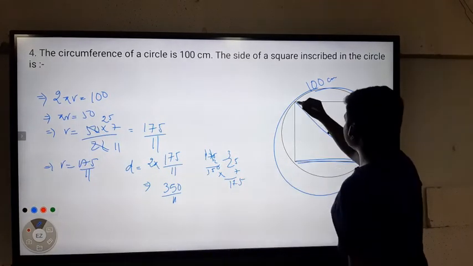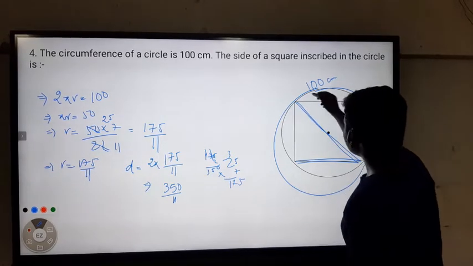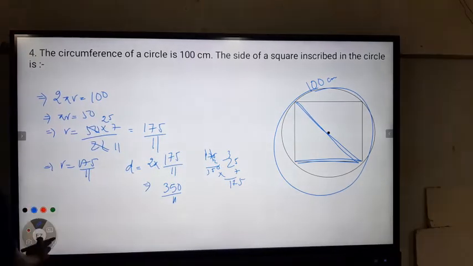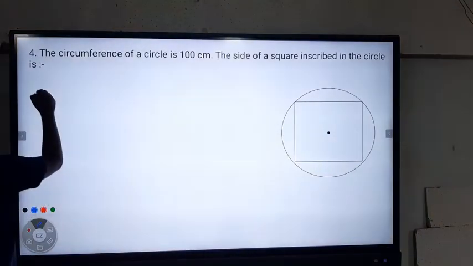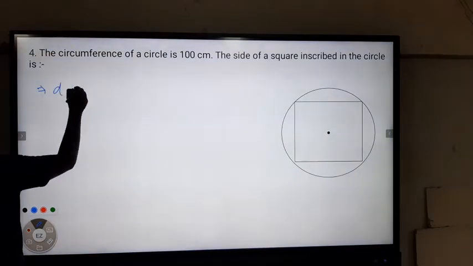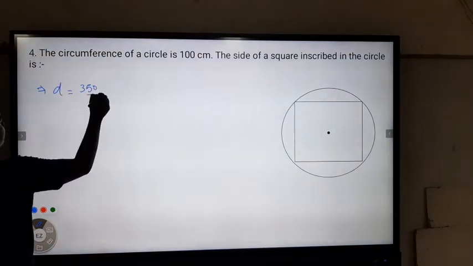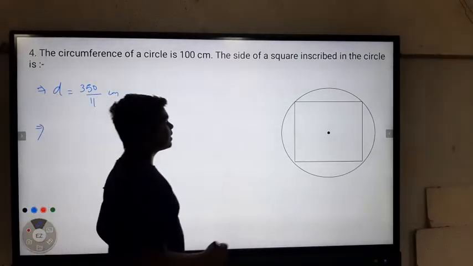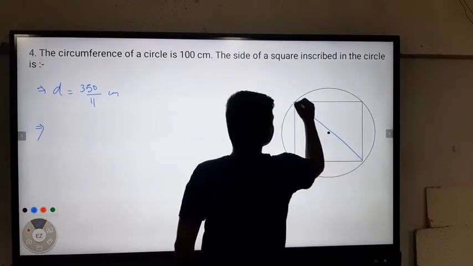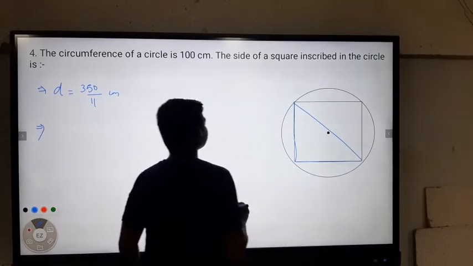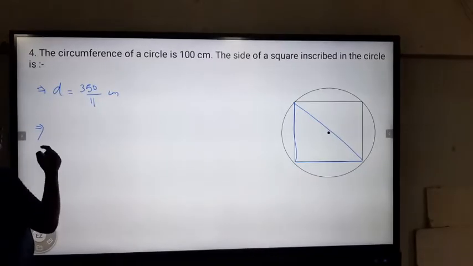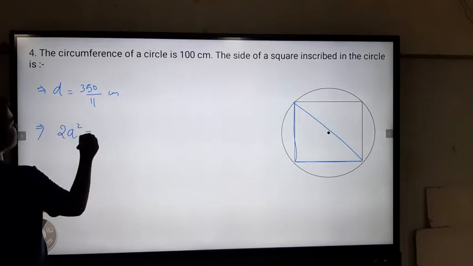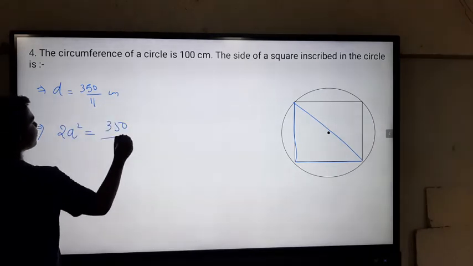So this diagonal, which is the diameter of the circle, we have got as 350 by 11. So we know that here we have formed a right angle triangle. So this and this side are always equal, so we can take both as a. Then according to the Pythagoras formula, it will be 2a square equals 350 by 11 whole square.